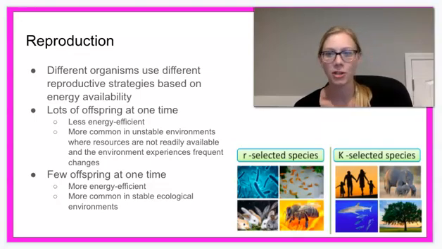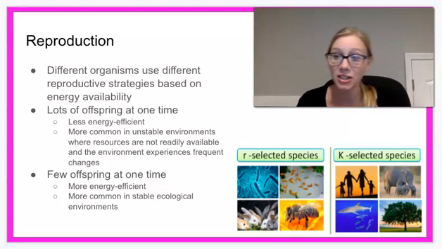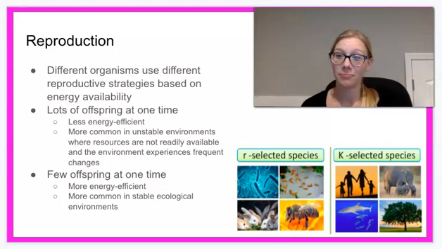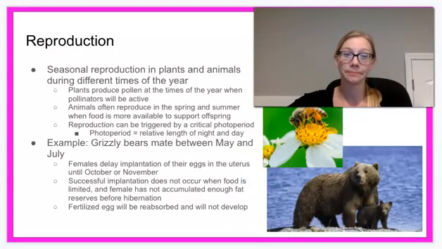So when we think about humans, right, this is something that humans do, elephants, lots of mammal type organisms that we think about, right? So it's really just two ways in which different organisms can reproduce based on what's available to them as far as resources and energy.